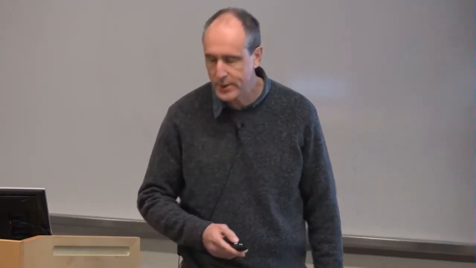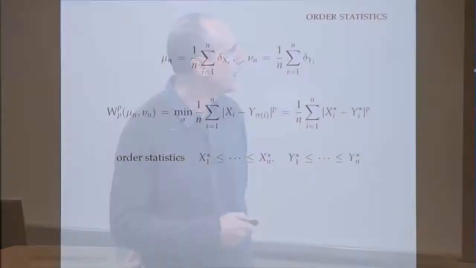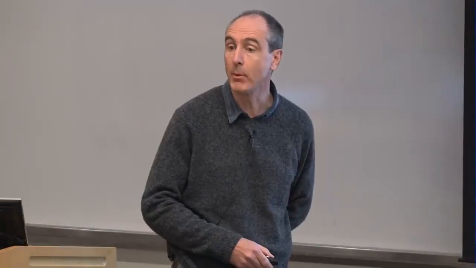Another tool which is used in dimension 1 are the so-called order statistics. This is another very classical and easy fact, namely that if you recall the two empirical measures on the samples xi and yi, as we have seen, the Kantorovich metric is the size of the optimal matching, and on the real line, it's easy to see that this optimal matching is achieved by taking the two order statistics of the samples.